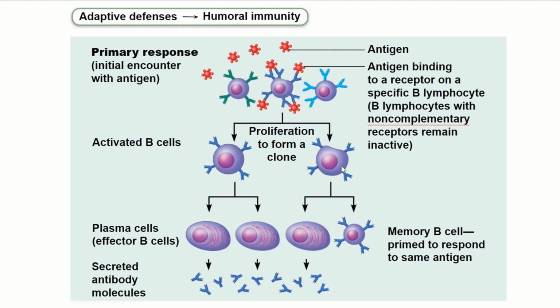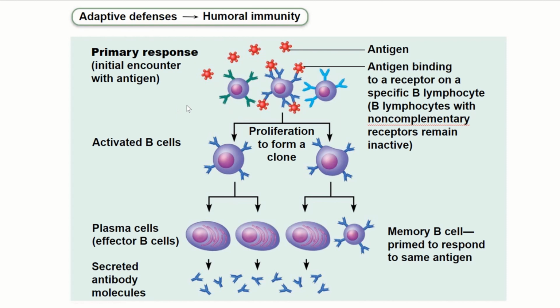And it will proliferate into either a plasma cell or a memory B cell. So this is how you can ramp up your immune response. So as a B cell comes in contact with the antigen, it's going to continue proliferating into more and more plasma cells that release more and more antibodies.